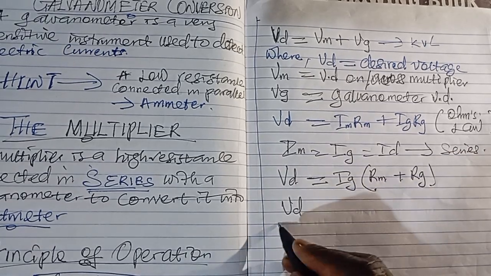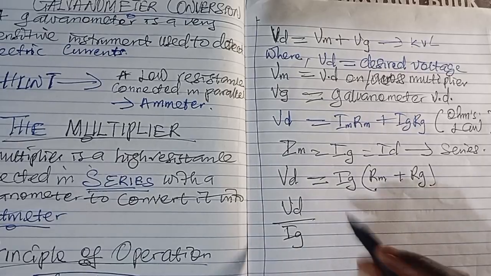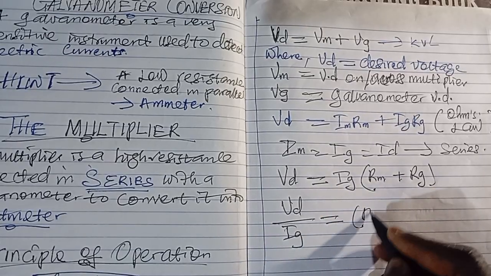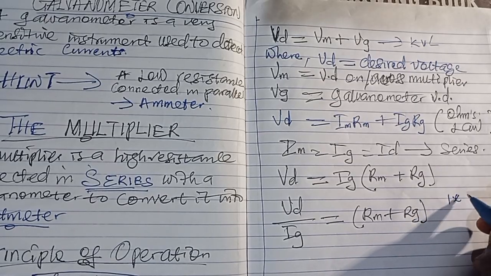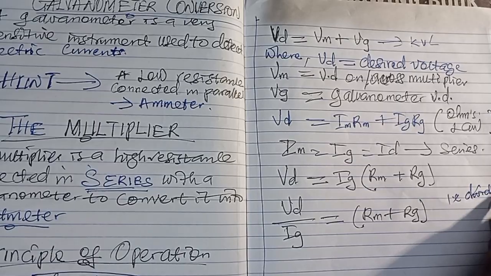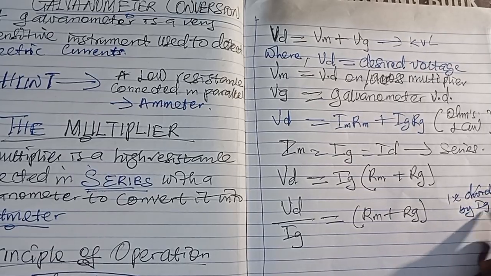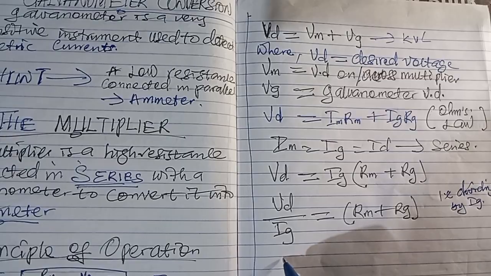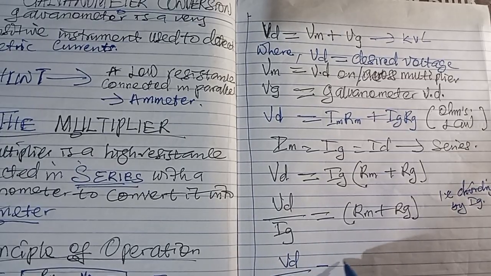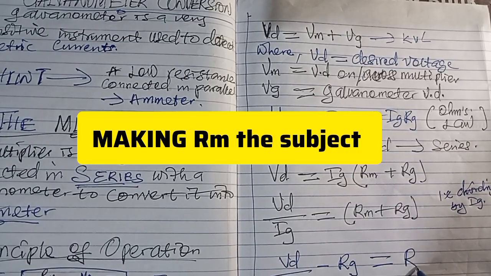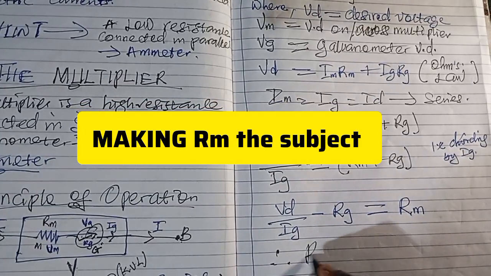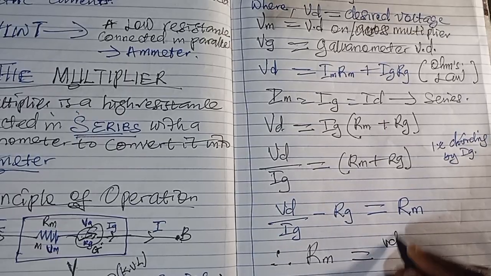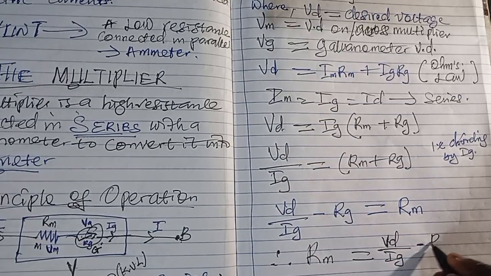So that Vd over Ig, dividing through by Ig, minus Rg is equal to Rm. So the formula we're going to use: therefore, Rm is equal to Vd divided by Ig minus Rg.